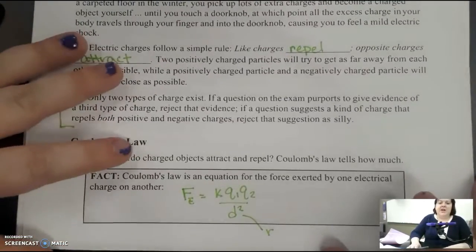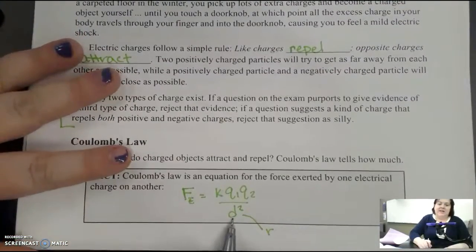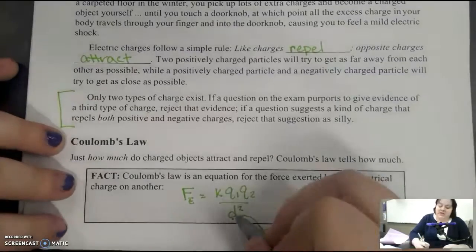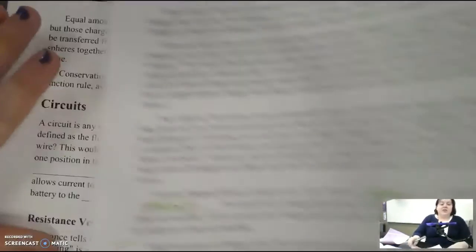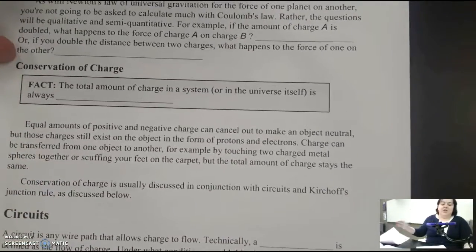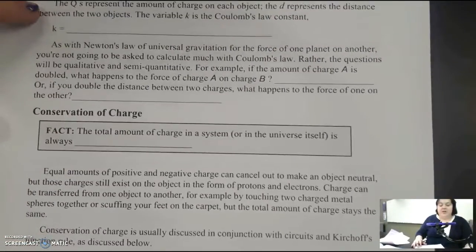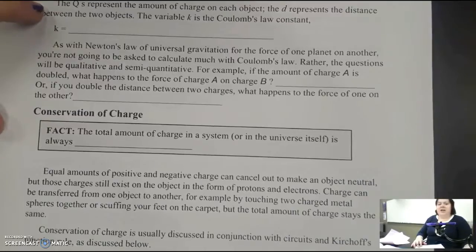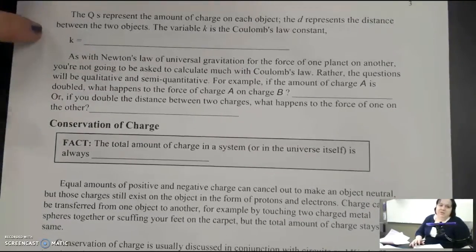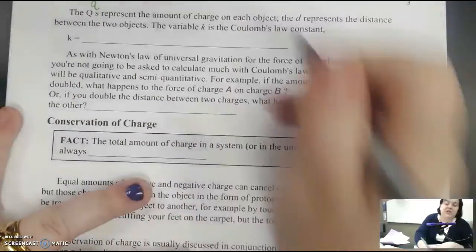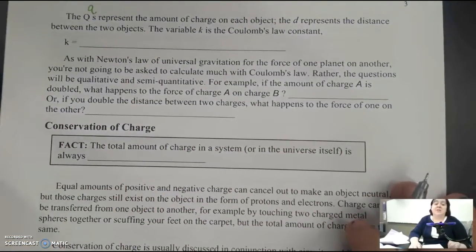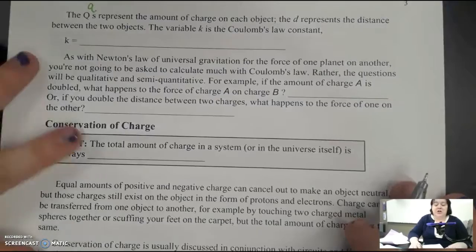The AP uses an R for that D, but it's really not an important distinction. So let's talk through those variables. The two Q's, and actually I was wrong. Greg Jacobs uses uppercase Q, but the AP formula sheet specifically uses lowercase q. It really doesn't matter. If you see a Q, it's charge.